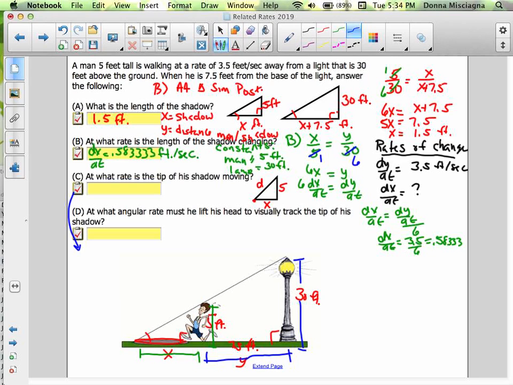Although I messed it up with rates of change. Just one little thing in black. So C there, we have the man plus the shadow, or excuse me, equals the distance.